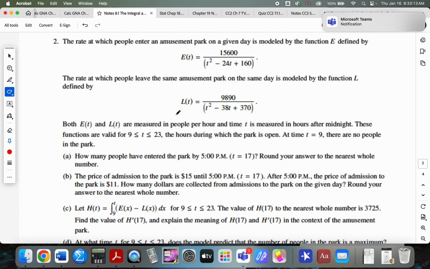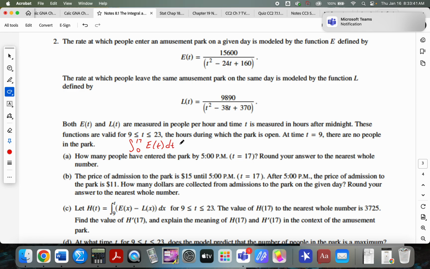At time t equal to 9, there are no people in the park. And by people, I'm assuming that they're talking about customers, not that there's no people in the park. Obviously, there's people that are working there. How many people have entered the park by 5 o'clock p.m.? That is, t is equal to 17. Well, that's just going to be the integral from 0 to 17 of E of t dt.